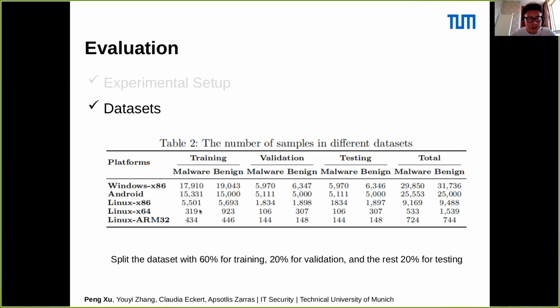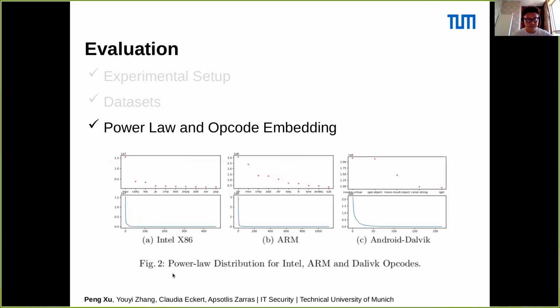We collect our dataset from VirusTotal and Androzoo. In total, we didn't get too many malware samples for the Linux system, but we got enough for Windows and Android. We split our dataset 60% for training, 20% for validation, and 20% for testing.